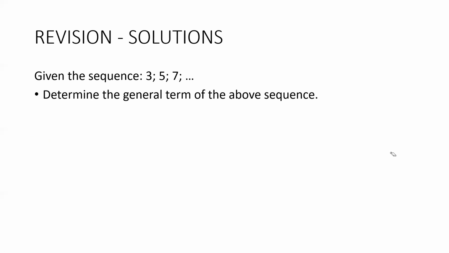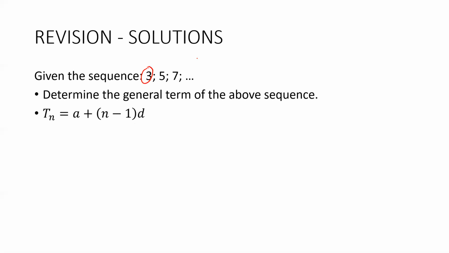Since it's arithmetic, which Tn formula are you going to use to find the general term? I'm going to use Tn equals a plus open bracket n minus 1 close bracket d. What will be a? a will be 3.